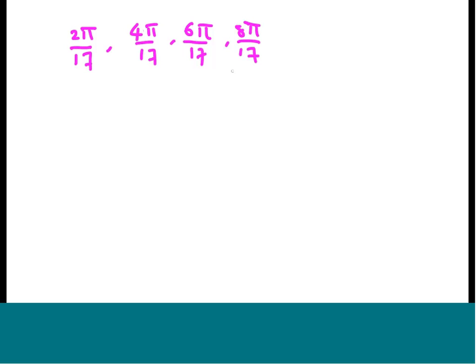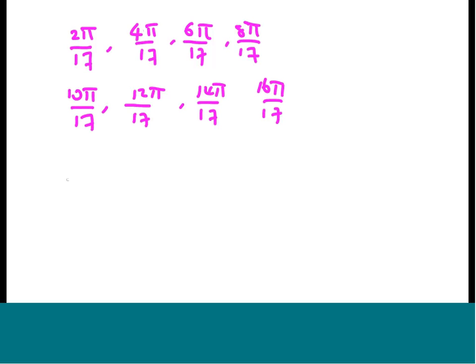I think this one is getting there already. No, not yet. Okay, so you have 10 pi over 17 in there, right? Then 12 pi over 17, then 14 pi over 17, then 16 pi over 17, then 18 pi over 17. So basically those are 4, right?